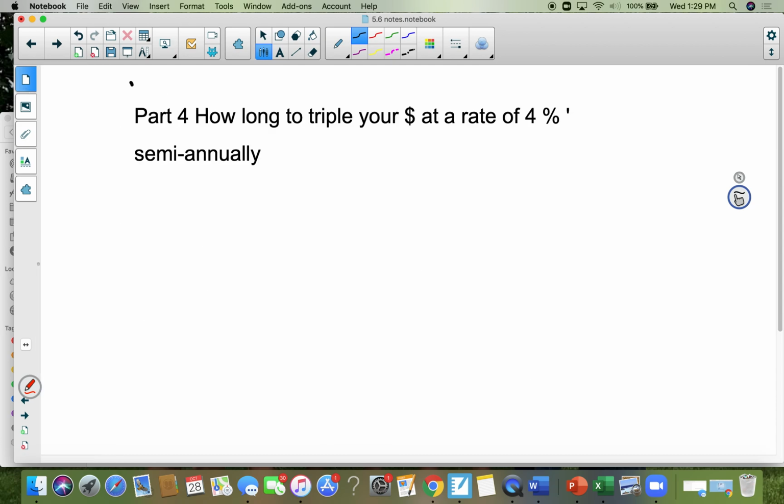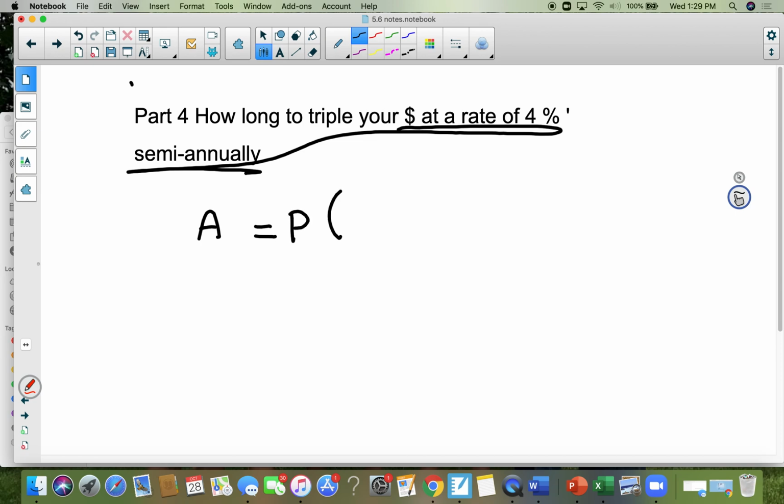And the last problem for this section is how long to triple your money at a rate of 4% semi-annually. A equals P, 1 plus r divided by n to the nt.